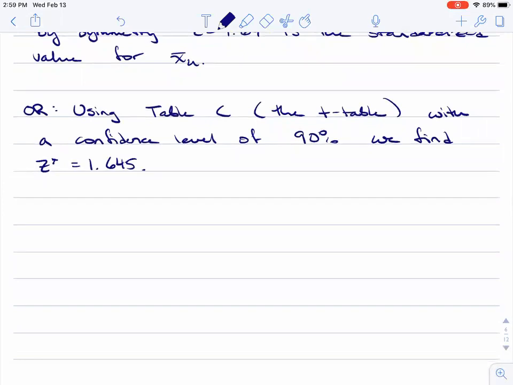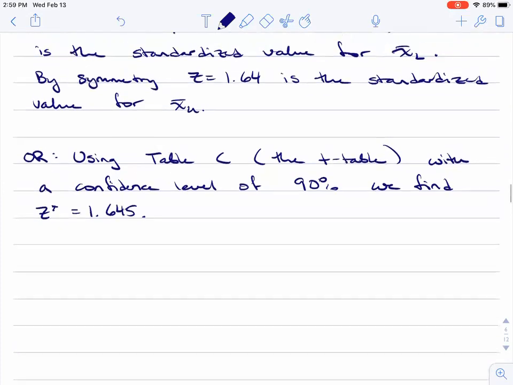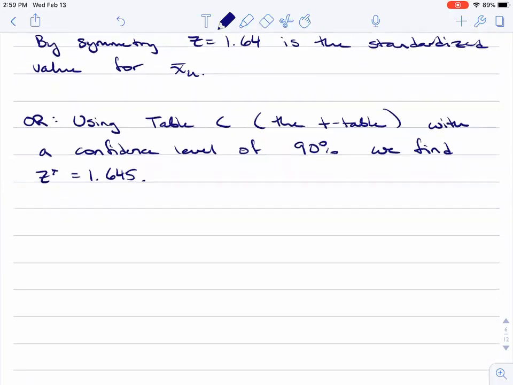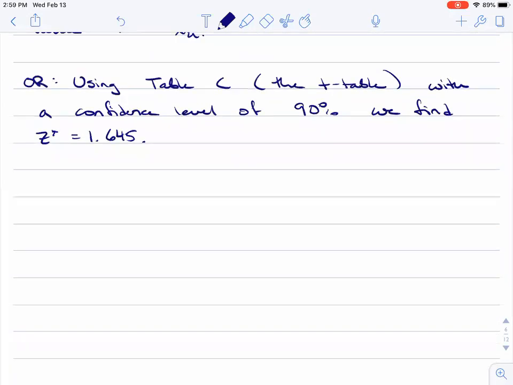I'll just leave it at that because for this example, I'm just going to use the 1.64 that I decided on earlier. Right? But if you wanted to use 1.65 or 1.645, all of those are valid. For this example, I will use Z equal to plus minus 1.64.